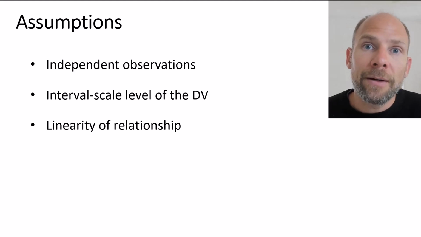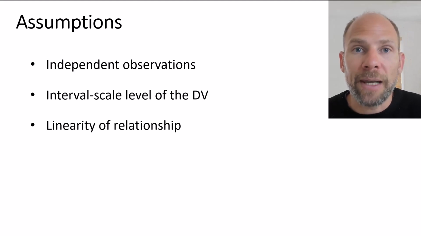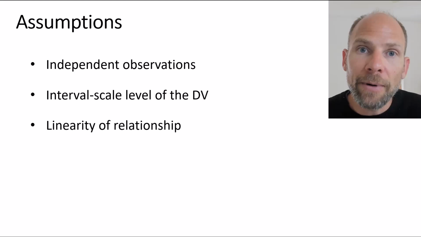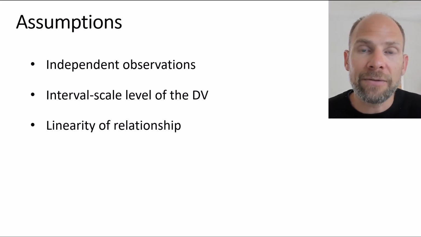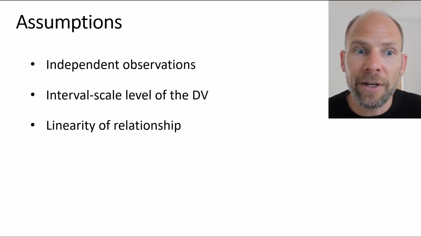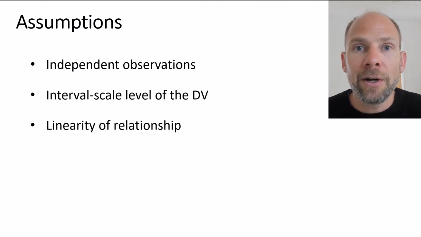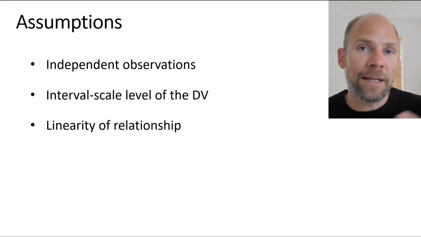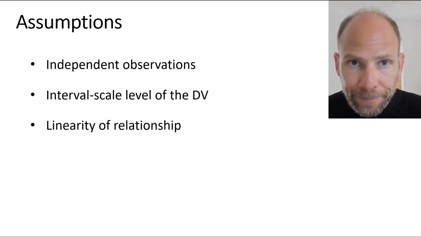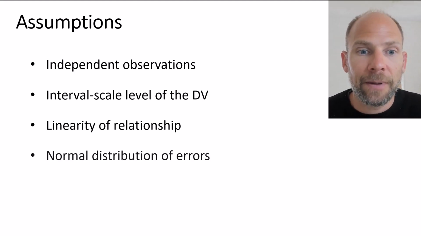Furthermore, the linear regression equation implies that we're assuming a linear relationship between the x variables and the dependent variable. If you have nonlinear relationships, then you want to address those appropriately, and I will say something about that also in a little bit.